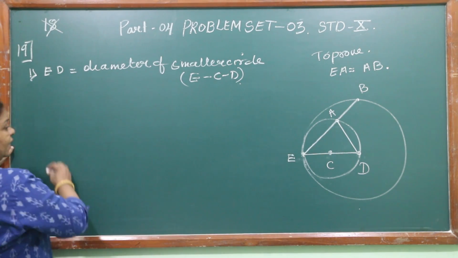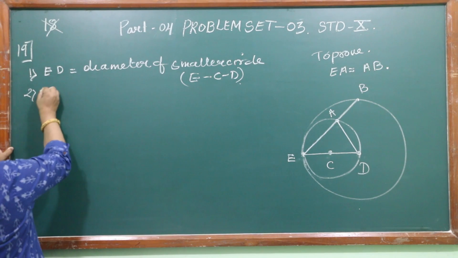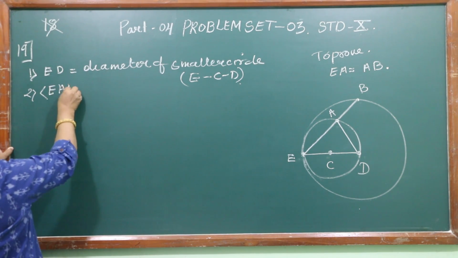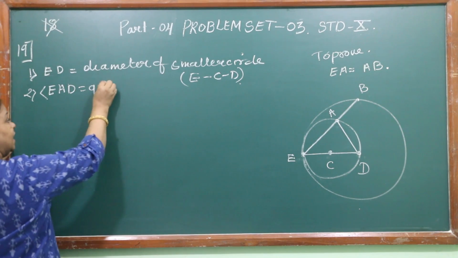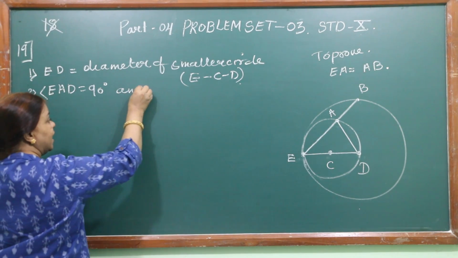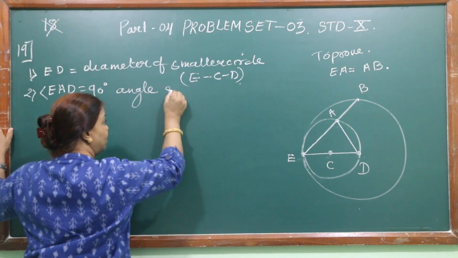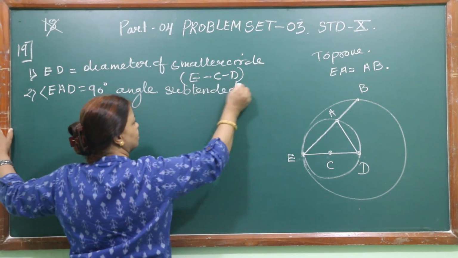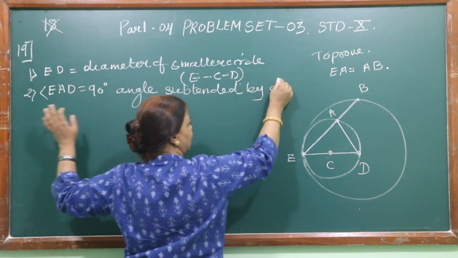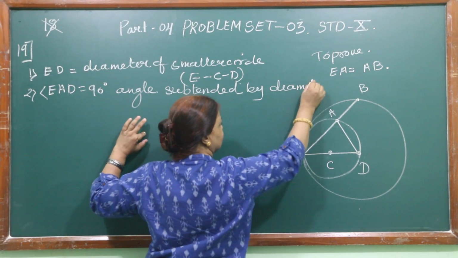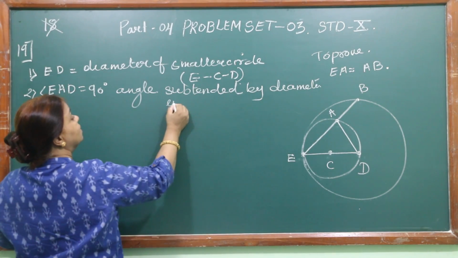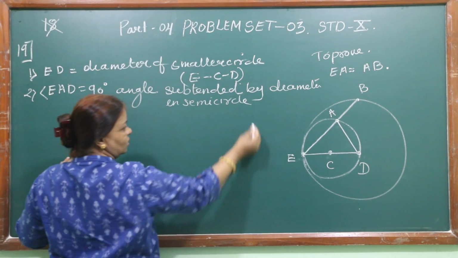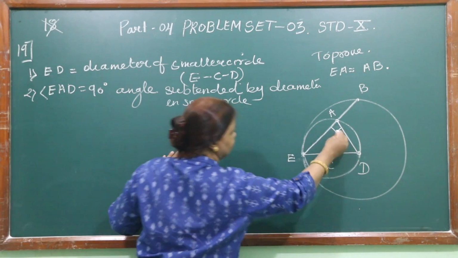So, I can say second point, angle EAD is equal to 90 degree. Angle subtended by diameter in semicircle. So this became 90 degree.